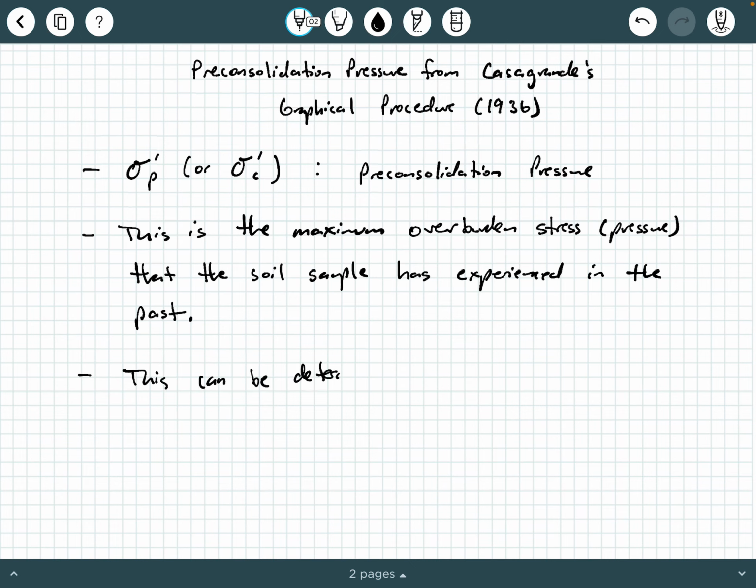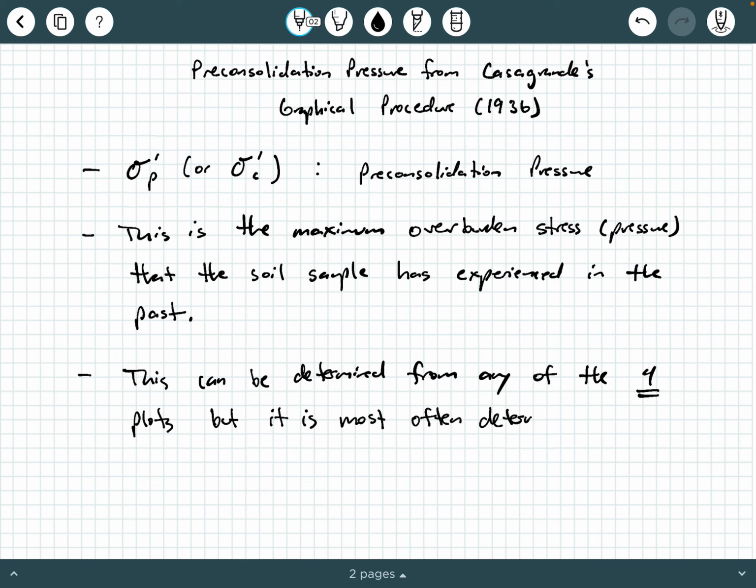Okay, so what we can do is we can obtain or determine this. So we're going to say this can be determined from any of the four plots that we've previously talked about, but it is most often determined from void ratio versus effective stress on a log scale.